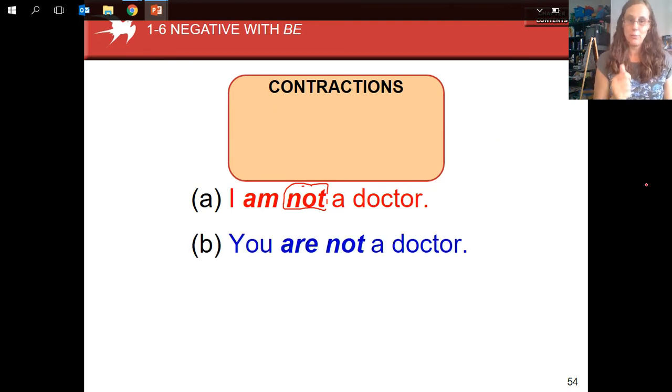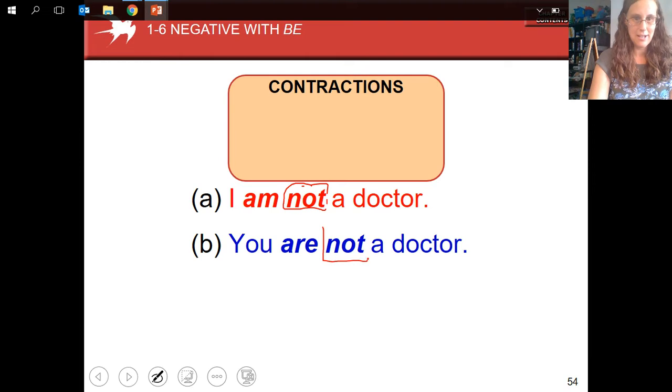Now, what about you? You are not a doctor. You are not a doctor. That is negative. What about contraction?